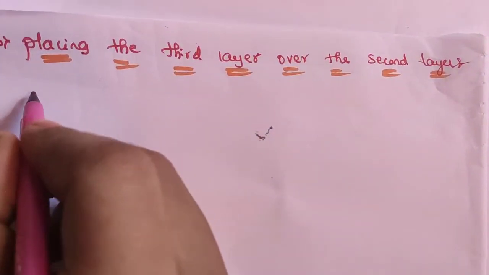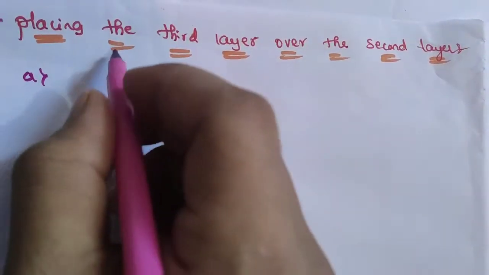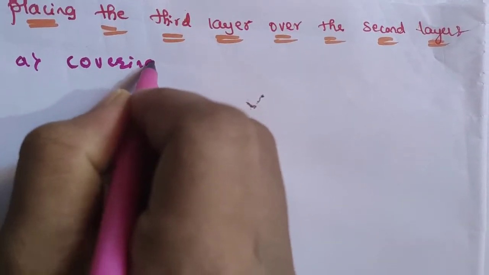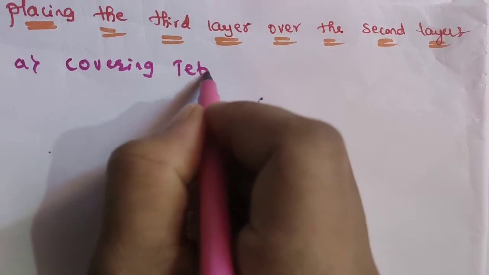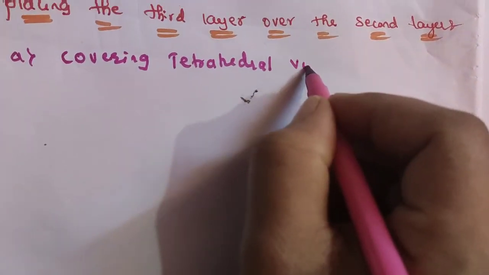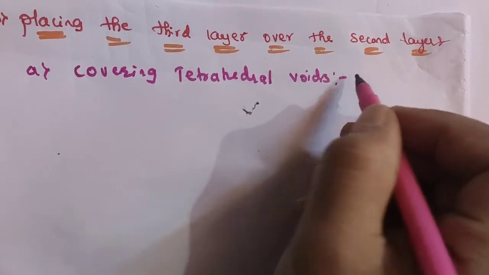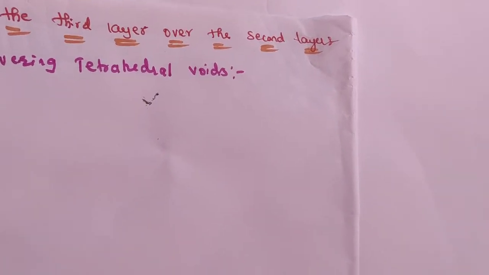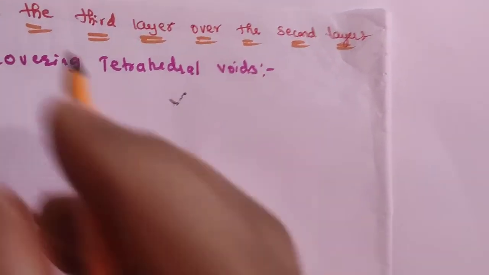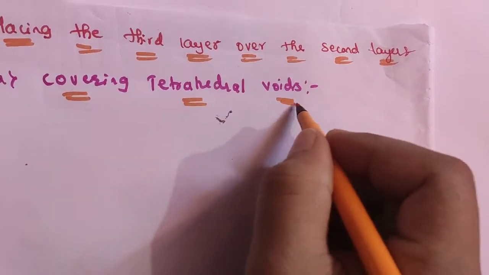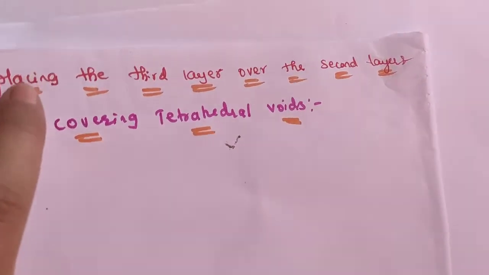So that must be explained in 2 ways of arrangement, that is covering tetrahedral voids, and also covering of octahedral voids. First we shall discuss covering tetrahedral voids.